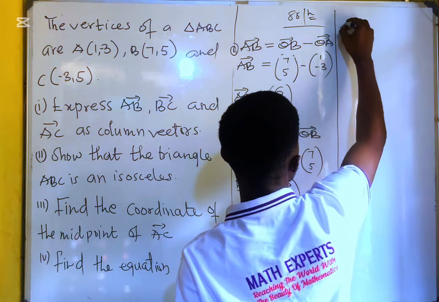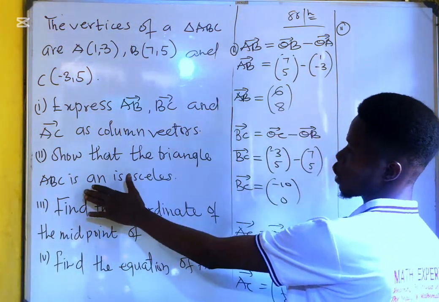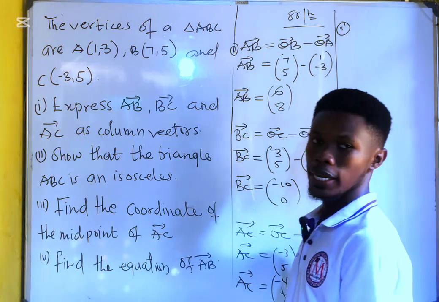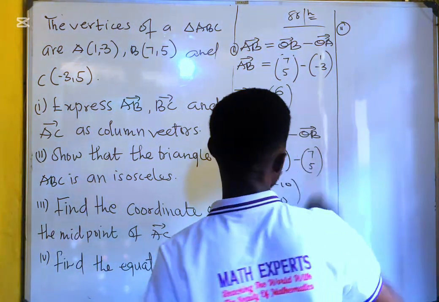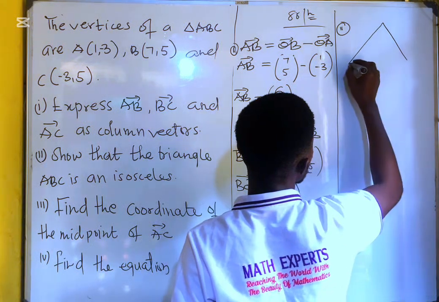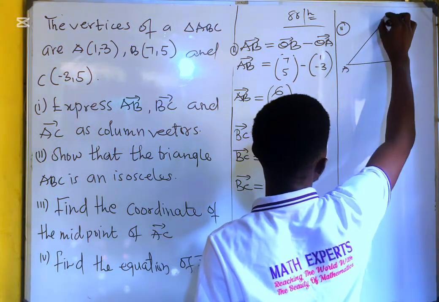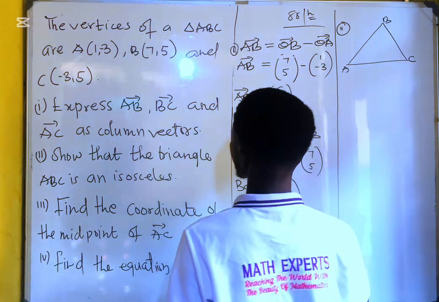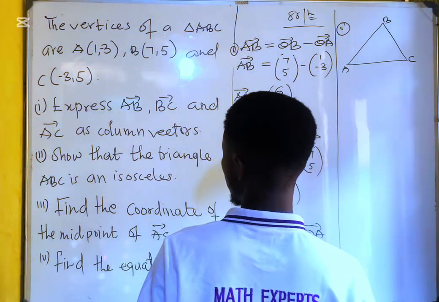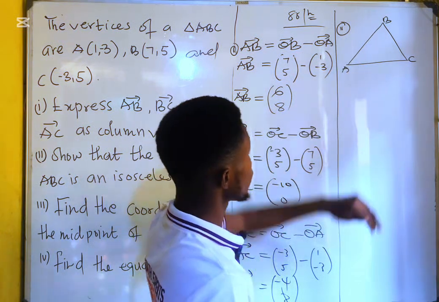Let's move to part II. Show that the triangle ABC is an isosceles. Okay, so let's draw a triangle here. A, B, C. So it will show that this is an isosceles triangle.